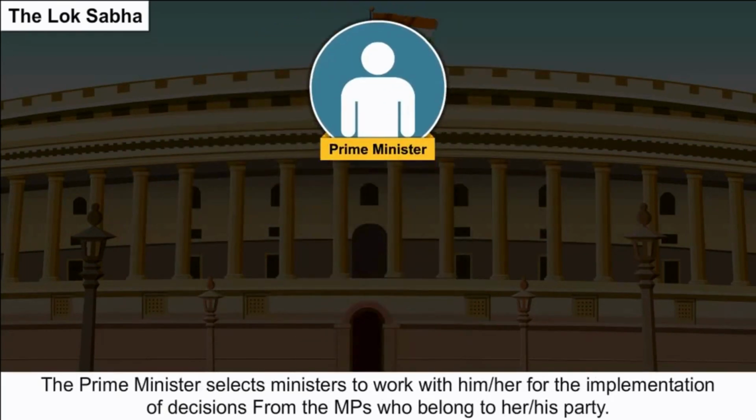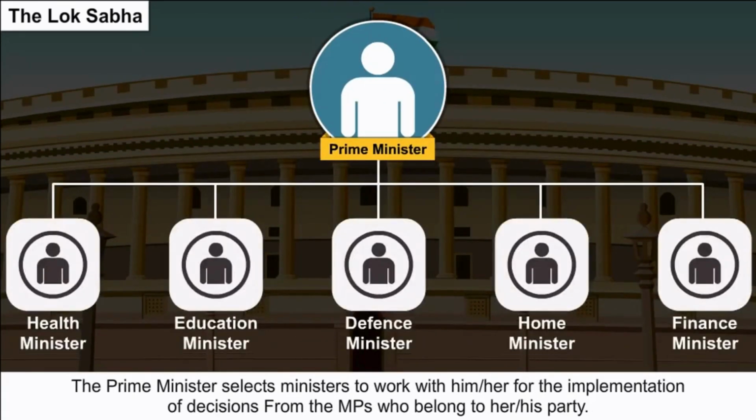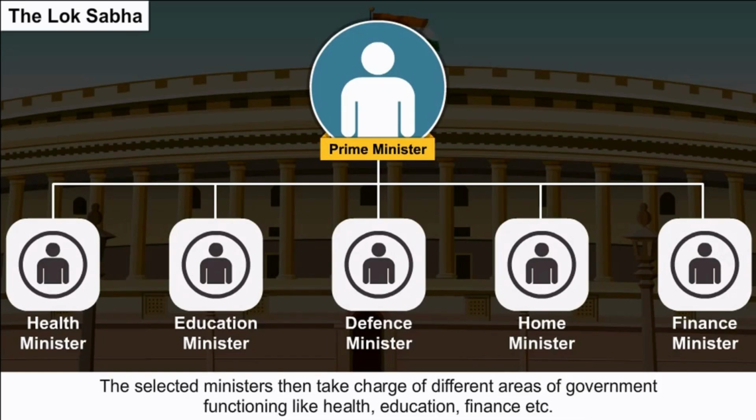The Prime Minister selects ministers to work with him or her for the implementation of decisions from the MPs who belong to her or his party. The selected ministers then take charge of different areas of government functioning like health, education, finance, etc.